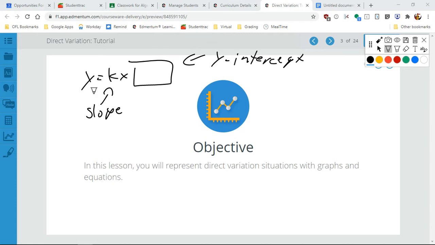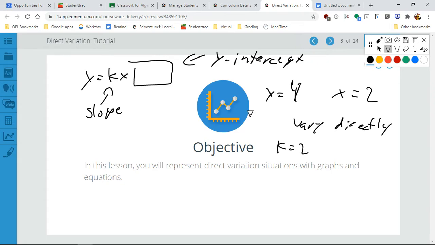So this idea of direct variation is basically just having a slope with no intercept. For example, if I say y equals 4 and our x equals 2, and I say they vary directly, that means that our k is equal to 2, because 2 times 2 equals 4.